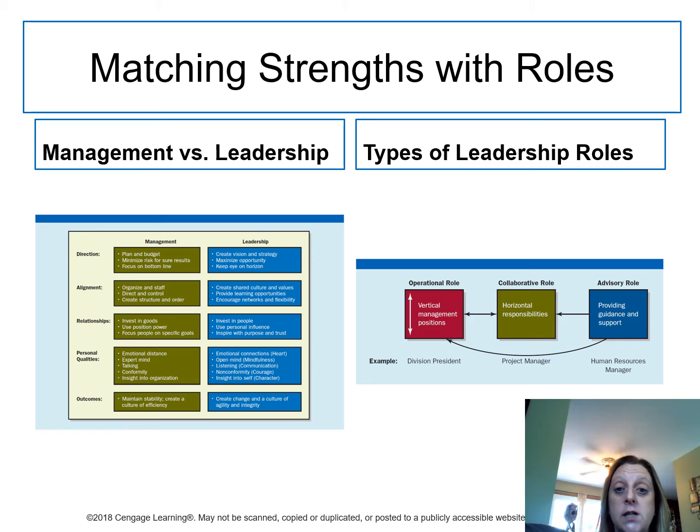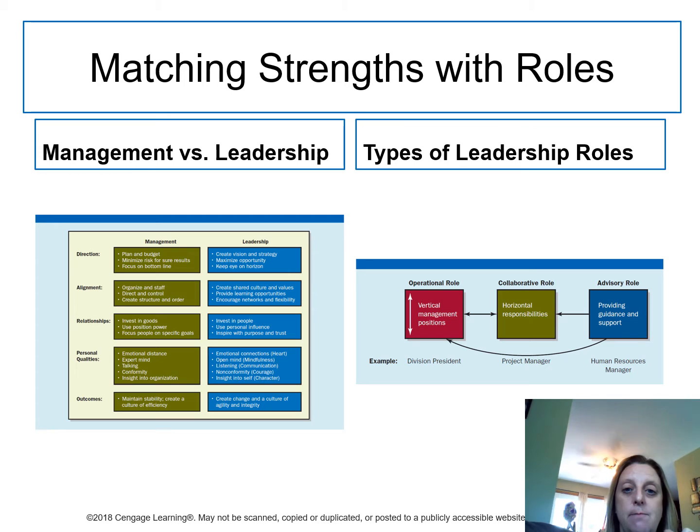If you link it to the diagram on the left of this slide, you're going to be able to link those roles with more of the management side of things, right?